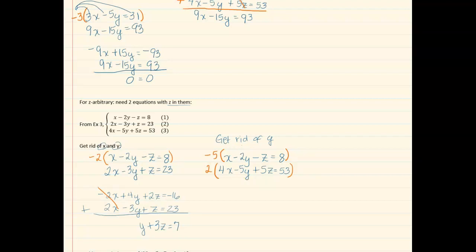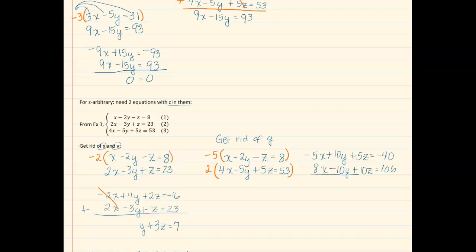So now let's multiply and get a new set of equations. This top one will become negative 5x plus 10y plus 5z is equal to negative 40. The second equation will become 8x minus 10y plus 10z is equal to 106.